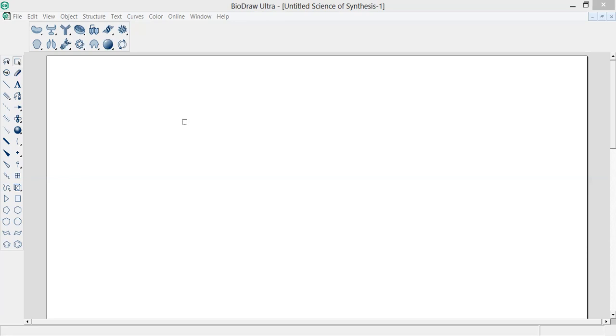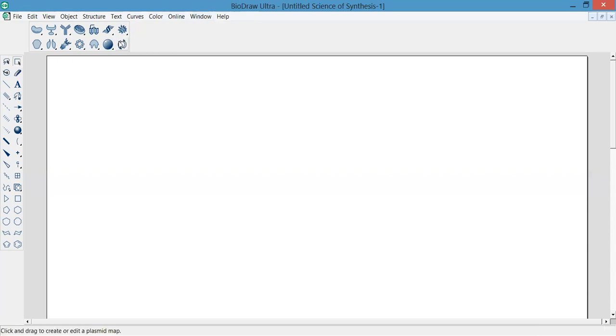Here at the top, the file, edit, color, and so on, this is the main toolbar or functional toolbar. These are the functional toolbars or main toolbars: file, edit, view, object, structure, text, curves, color, online, window, and help. This is the BioDraw tool.